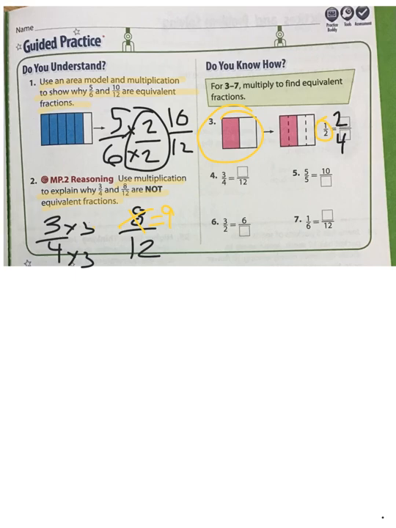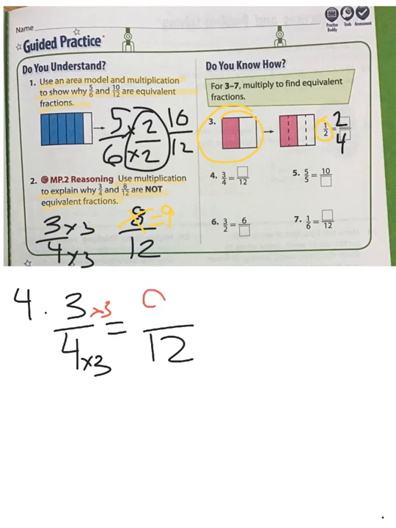The other ones are the same that you did yesterday. So think about 4 times 3 is 12, so 3 times 3 is 9. I'm going to write number 4 down here. We have 3/4, and then we want to see what it's equal to with 12 as the denominator. Well, I know 3 times 4 is 12, so then we have to multiply our top times 3, and 3 times 3 would be 9.